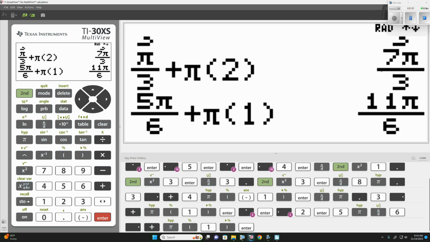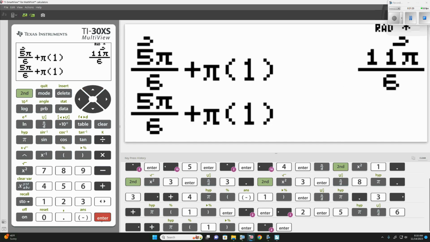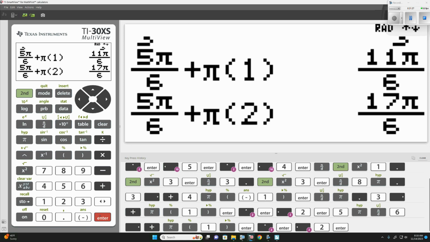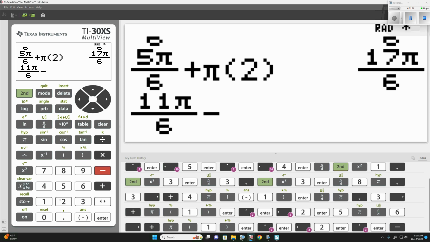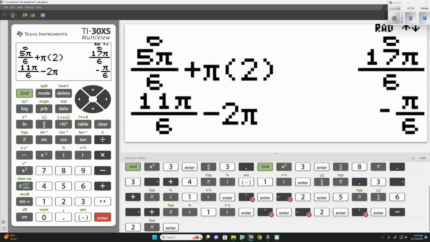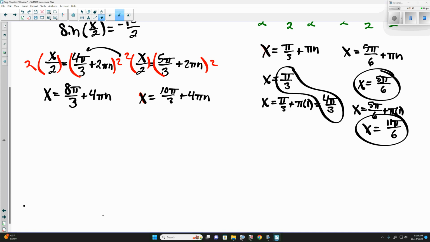Because if it had been bigger, 17 pi over 6 is too big. One other way we could check to make sure, because it looks like it might be too big, is I can subtract 2 pi from it. If I get a negative angle, that means 2 pi was bigger. If I get a positive angle, it means 2 pi was smaller. Does that make sense on how to check that? Questions on this here?